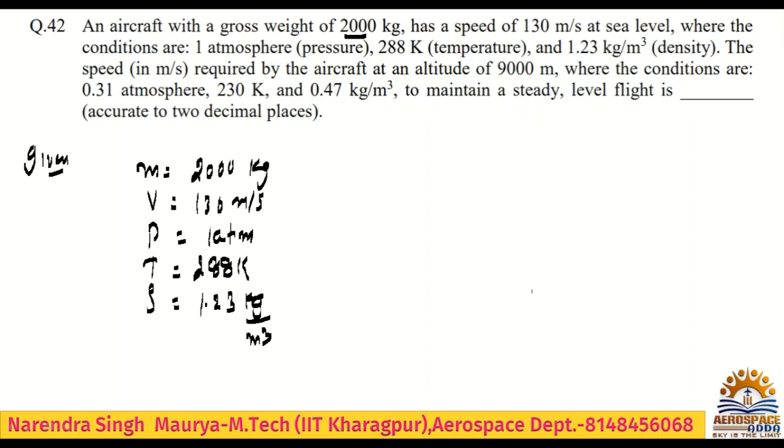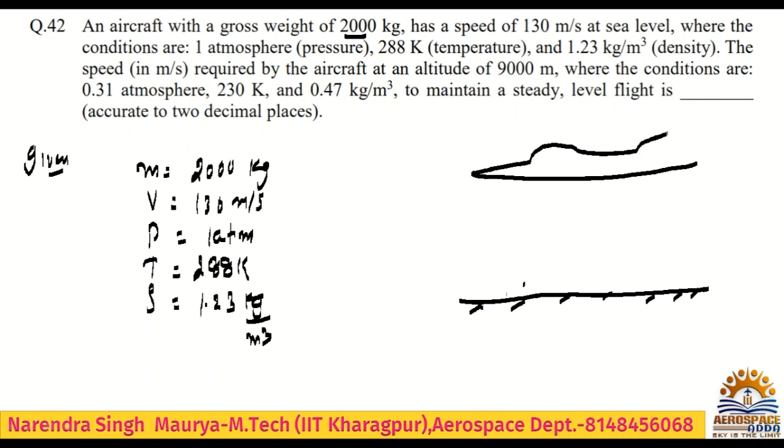Okay, all right. So suppose this is one condition. Here it is not mentioned where the conditions are. But another condition they have given, that aircraft is flying at 9,000 meter altitude.